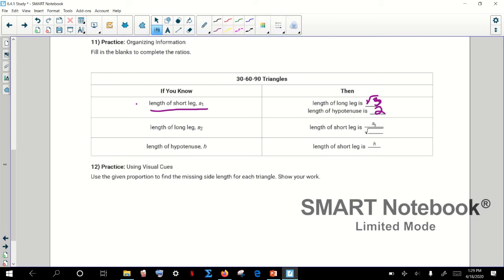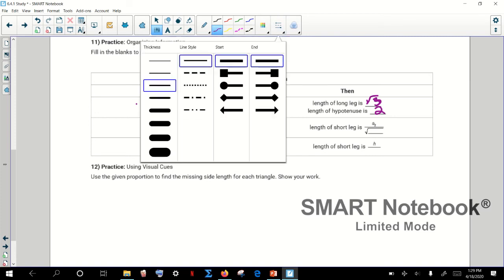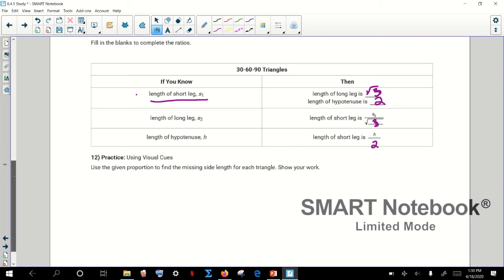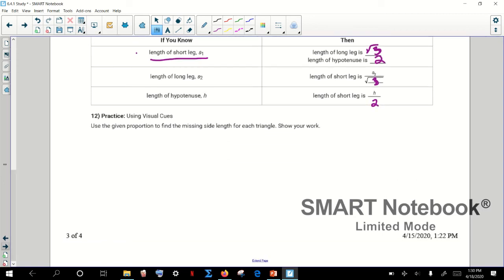If you use that strategy to find the length of the short side, then what can you do to find the hypotenuse? You just multiply by 2. That should be a 3. This is so hard to write on. If we're given the length of the hypotenuse, how do we find the length of the short leg? Instead of multiplying by 2, we're going to divide by 2. Perfect. So on to the next page.